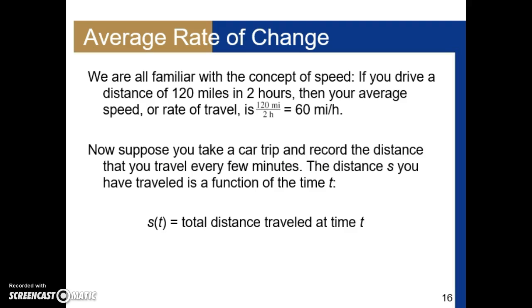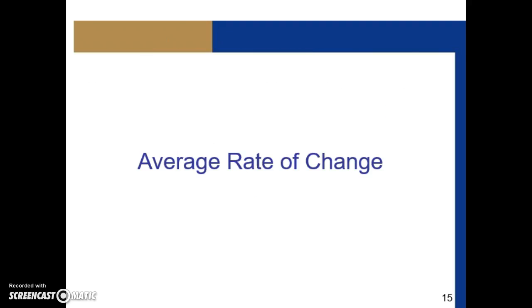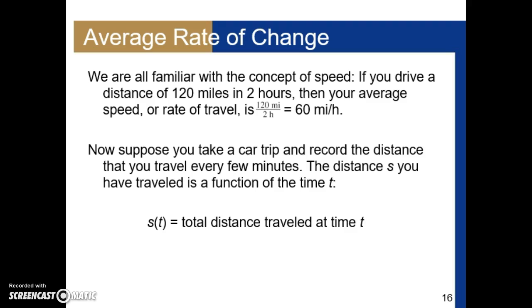Let's talk really quickly about average rate of change. Average rate of change is the change in the function over 2 points. We want to know the rate of change, the average rate of change over a time interval or over an input interval.